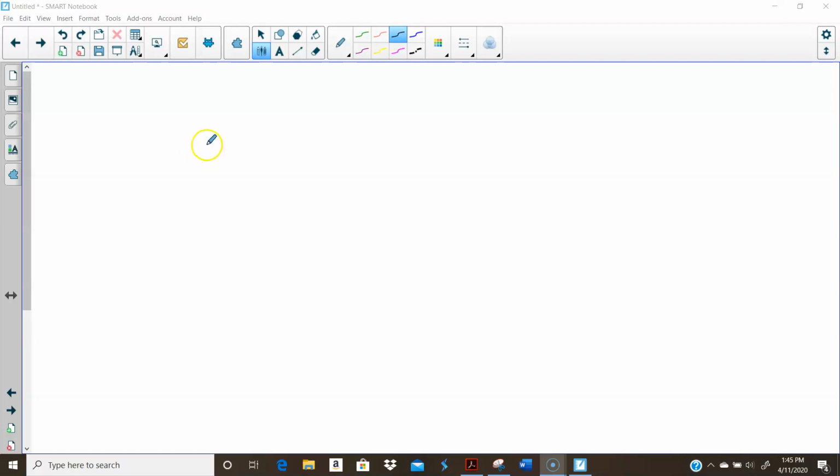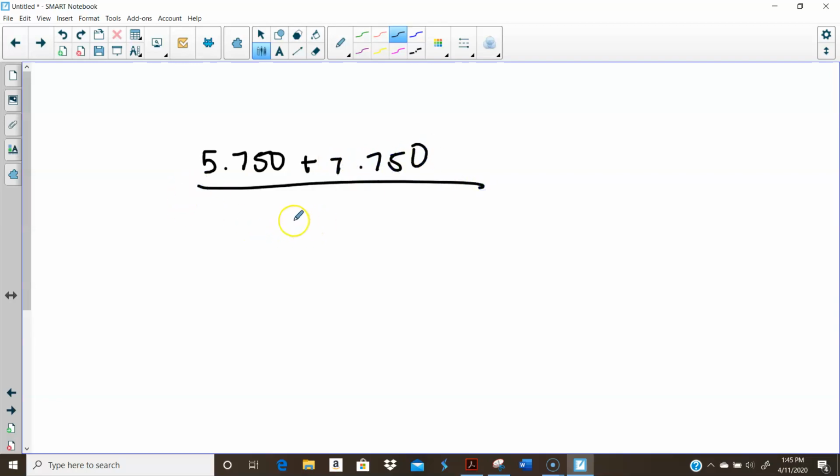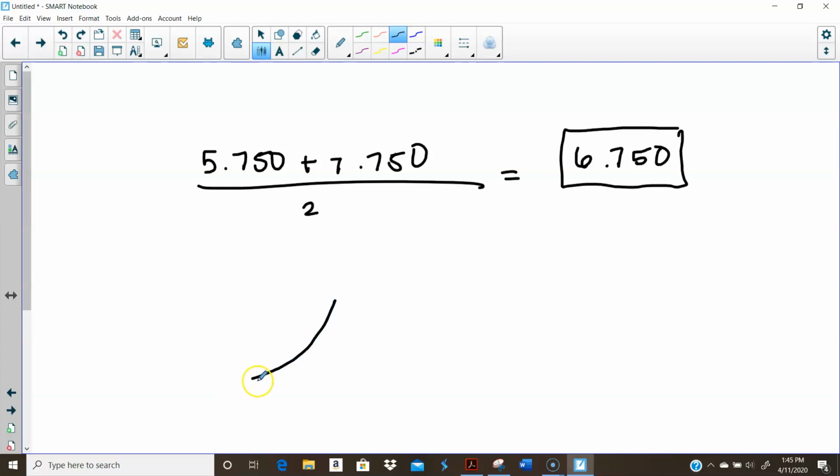So truly, if I want the best approximation so far, I can take 5.750 and find the average with 7.750, add those together and divide by 2. And the best approximation is going to be 6.750.